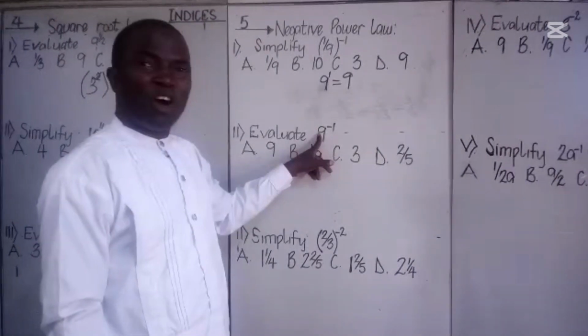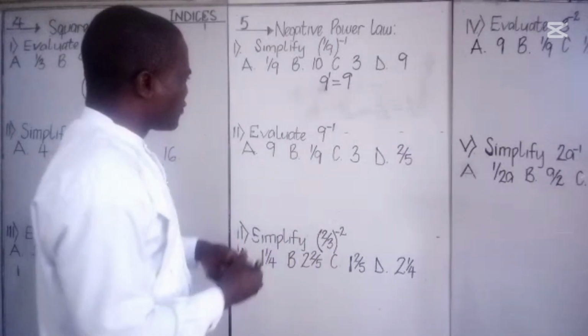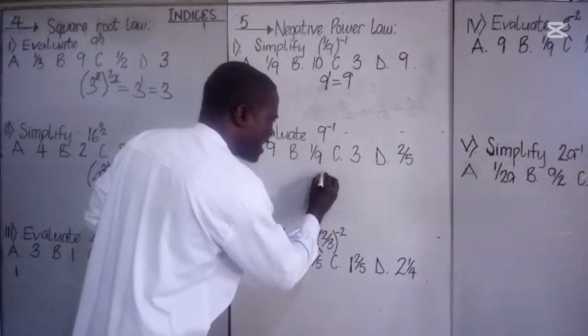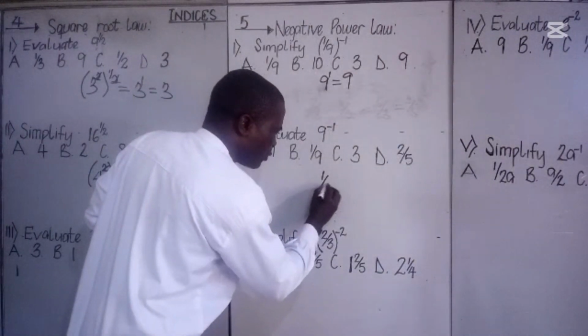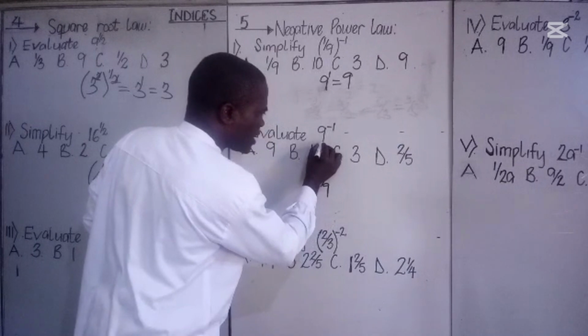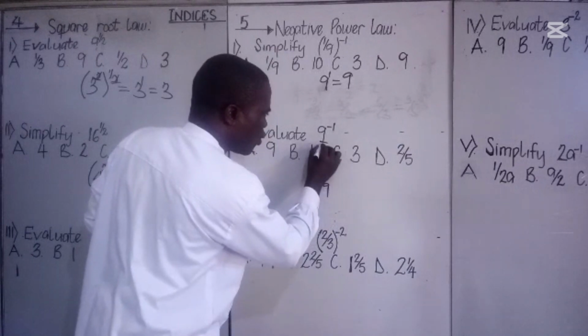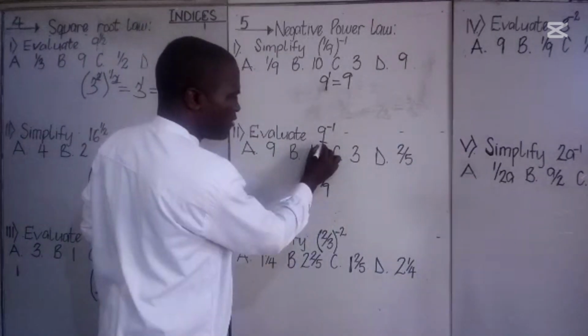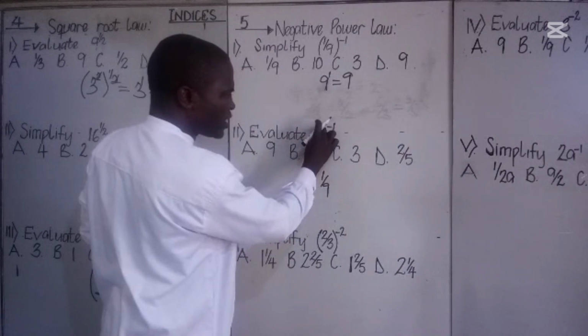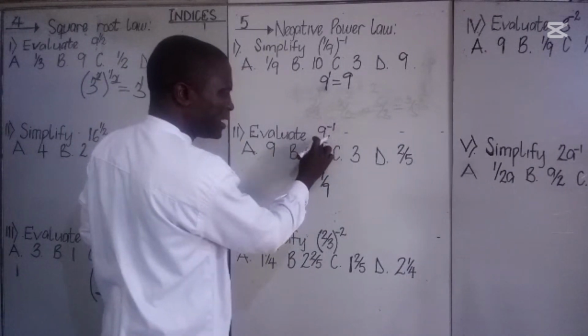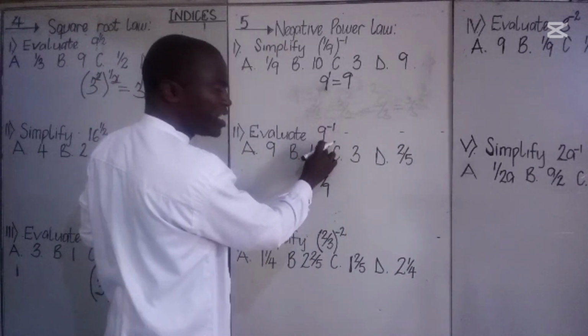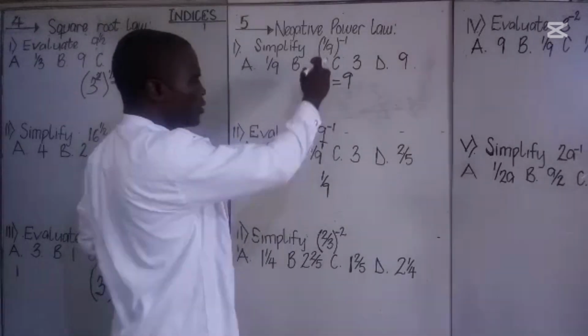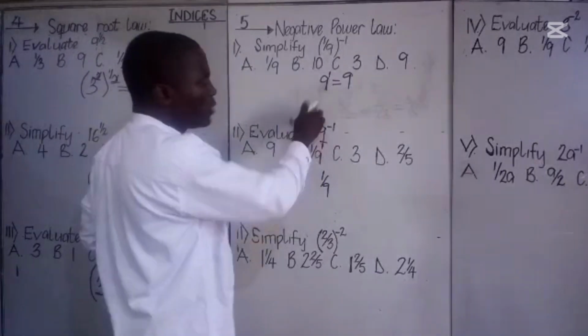And what is the reciprocal of 9 here? The reciprocal of 9 is 1 over 9. Very simple. The reason is that this 9 is having 1 under it, so 9 over 1. If you are taking the reciprocal of 9 over 1, that means 1, which is the denominator, will become the numerator, and 9, which is the numerator, will become the denominator.